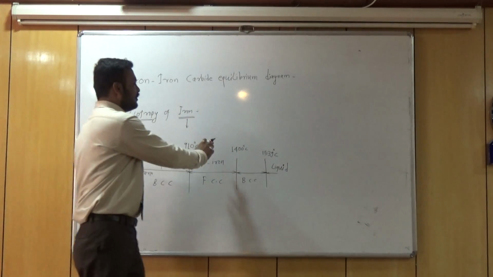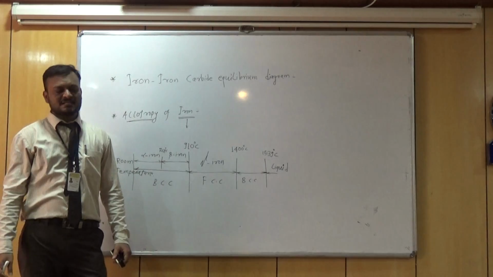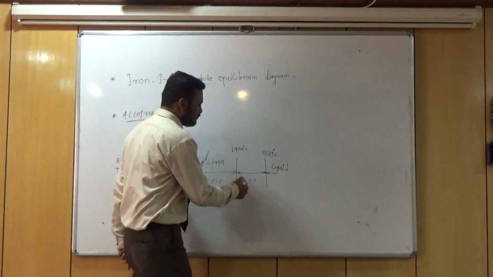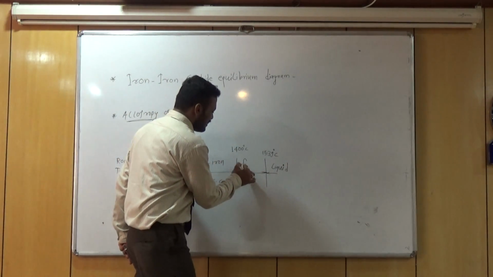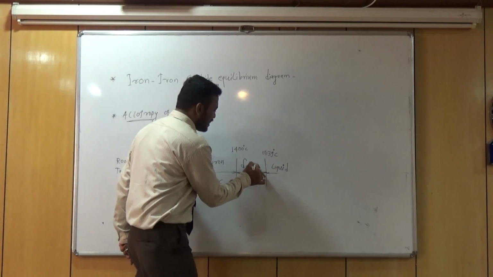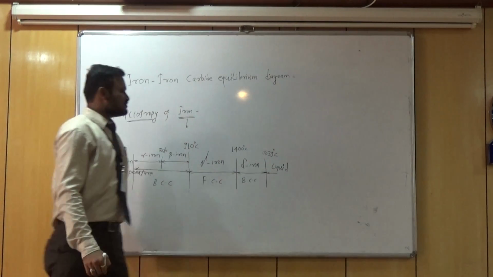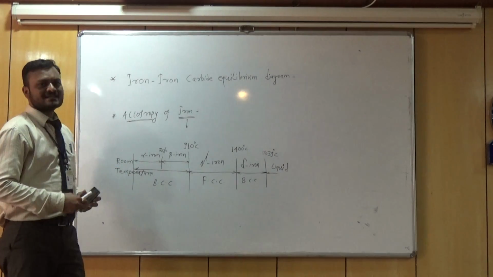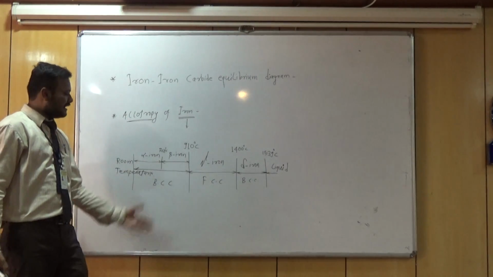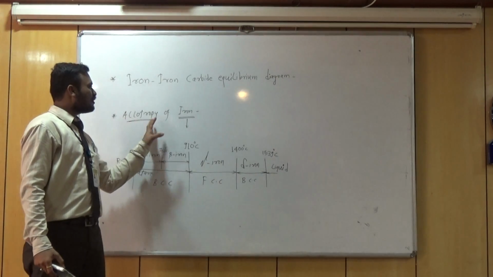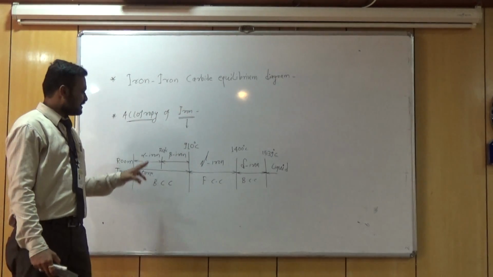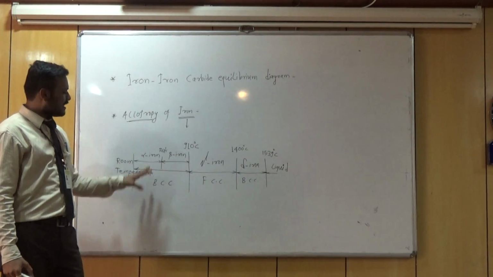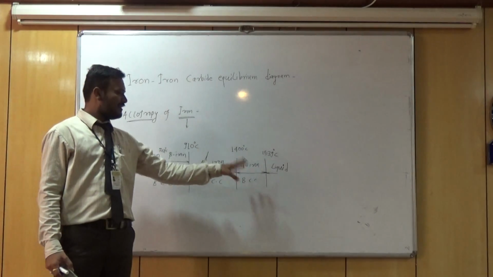Then again above 1400 degrees Celsius, it gets transformed to body centered cubic structure, and it is named delta iron. So these are the different forms in which iron exists according to the temperature, and these are termed the allotropic forms of the iron. Which are the allotropic forms of the iron? Alpha iron, gamma iron and delta iron.